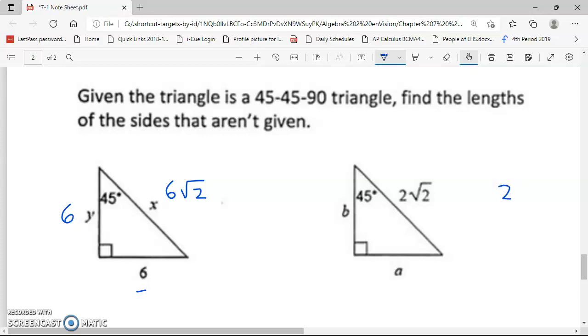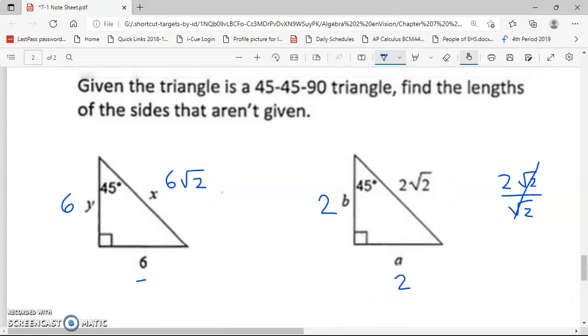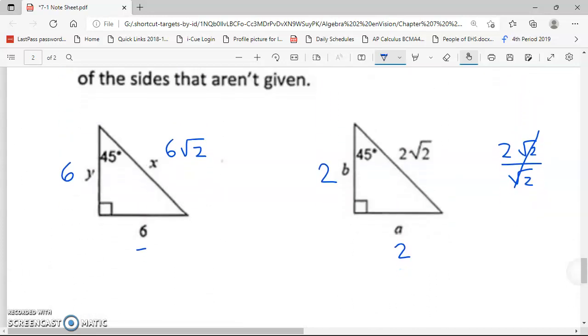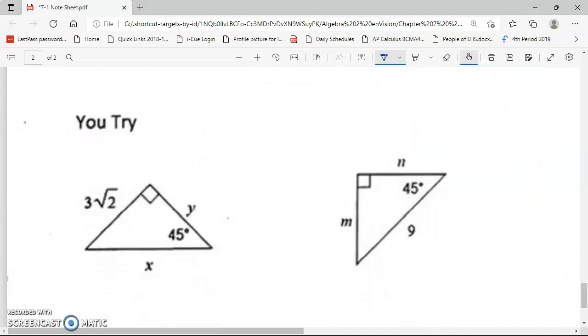So we're going to take that 2 square root of 2 and divide by the square root of 2. And luckily, we don't have to rationalize this denominator because those root 2's go away. So that means that this side would be 2 and this side would be 2. So that's always true for a 45-45-90 triangle.